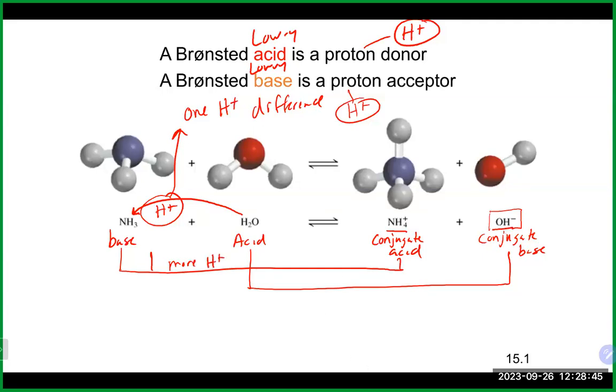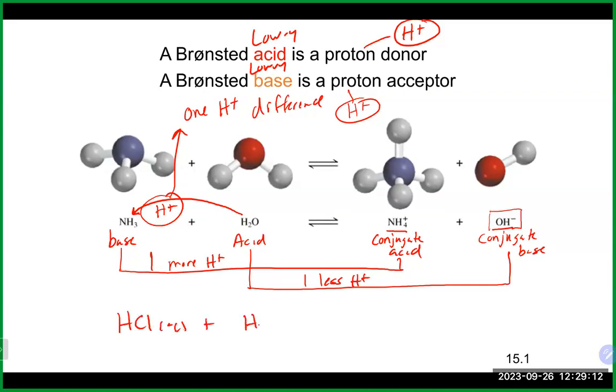And when we go from the acid to the conjugate base, it has one less H plus. That is because the acid is giving away that H plus. So in order for these guys to be pairs, it can only be a difference of one H plus only.